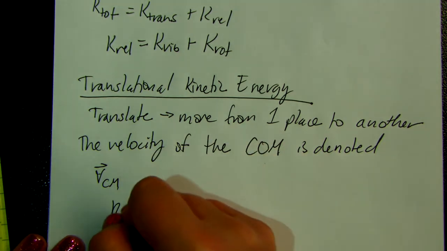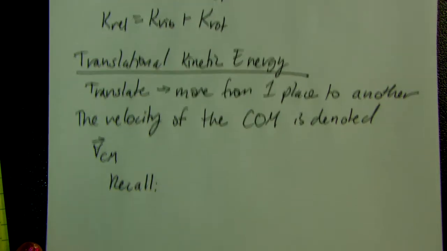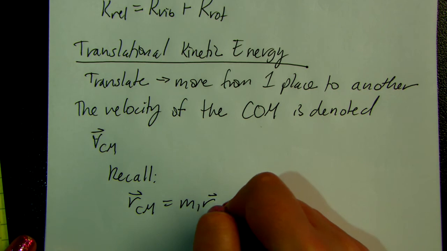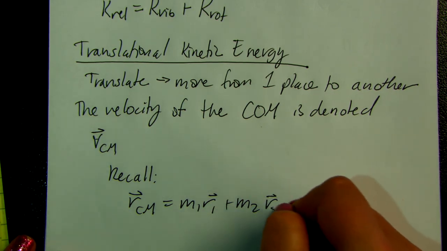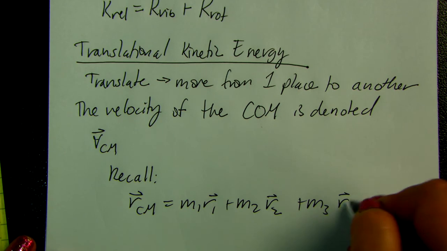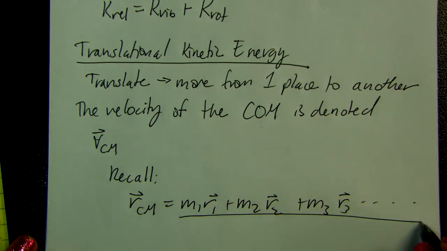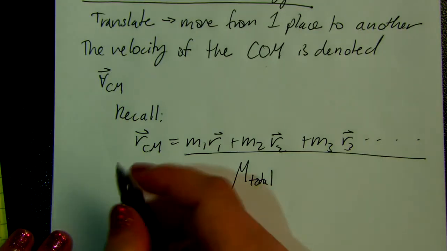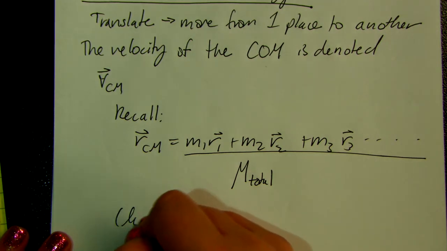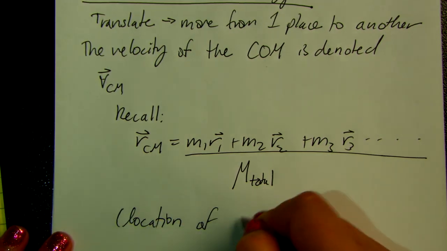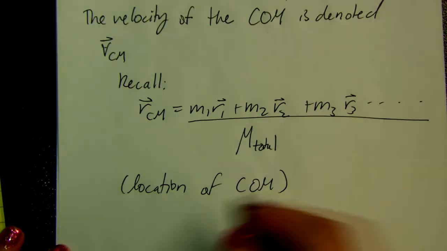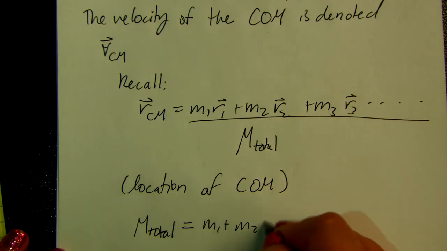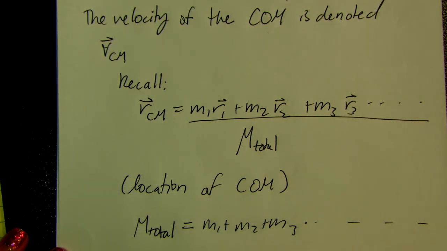And if you recall, the position of the center of mass, RCM, is equal to M1 R1 plus M2 R2 plus M3 R3, and so on, divided by M total. So that is the location of COM, and then M total is equal to M1 plus M2 plus M3, and so on and so forth, adding up all the masses in the system.